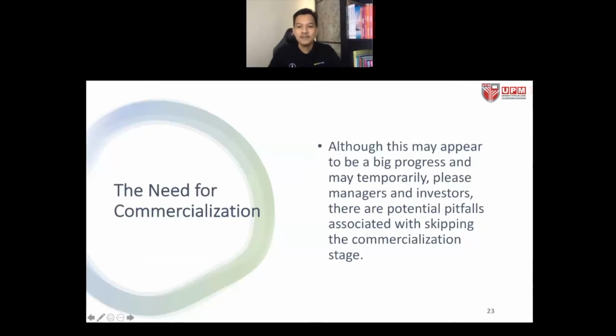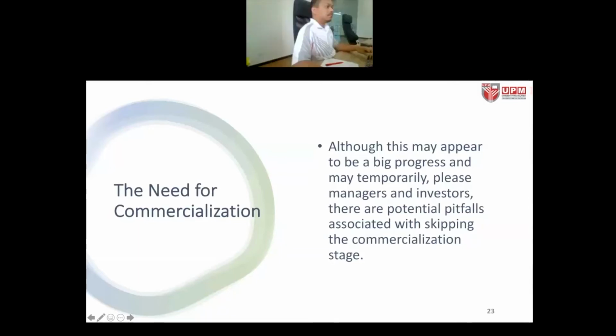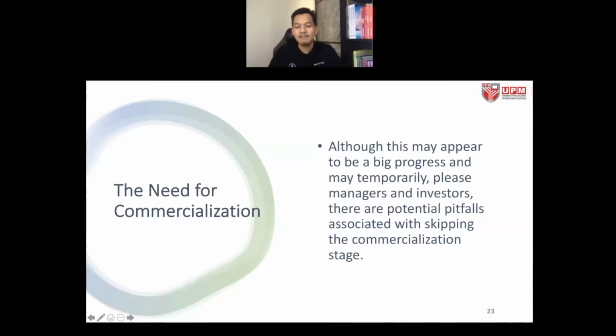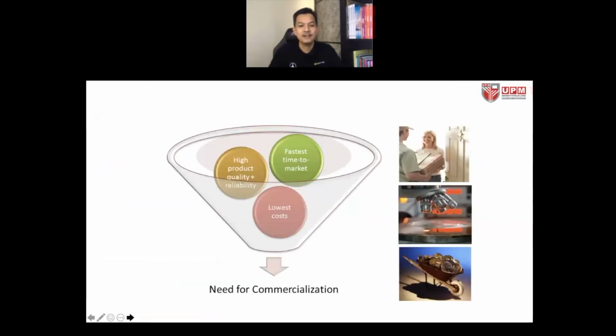So as highlighted here, although skipping may appear to be big progress, to please managers and investors, there are potential pitfalls associated with skipping the commercialization stage, right?